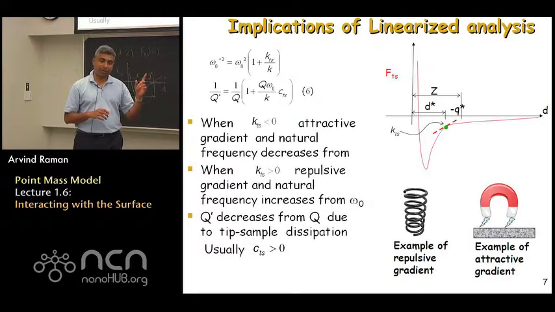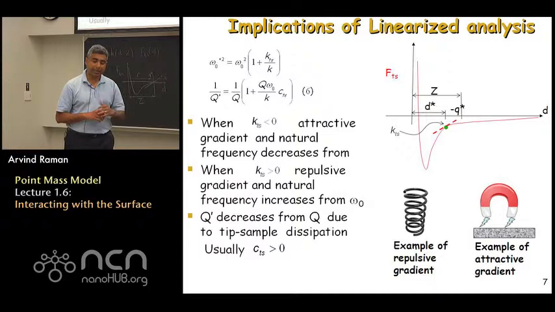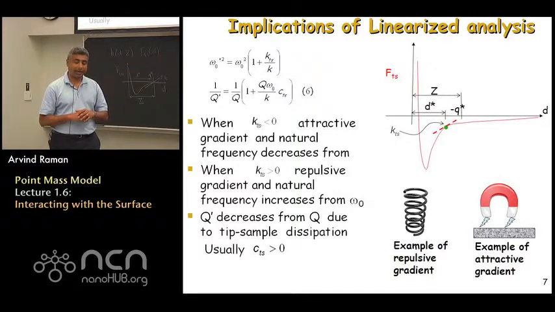If we choose the value at the green dot and look at the slope, it's very clear that the quantity KTS must be negative for that particular position. So we call that an attractive force gradient because KTS must be negative.